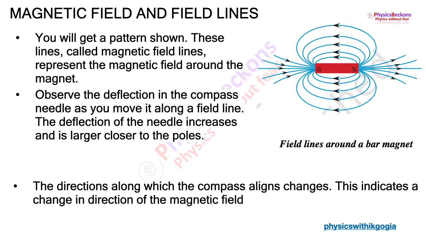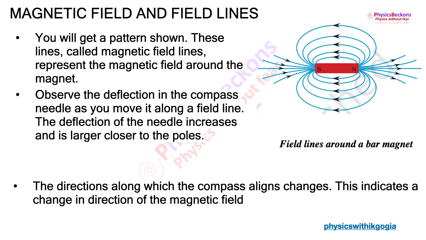The direction along which the compass aligns continuously changes. The change in direction indicates the change in direction of the magnetic field. In fact, a small magnetic compass is used to find the direction of the magnetic field. The direction along which the compass aligns is also the direction of the magnetic field.